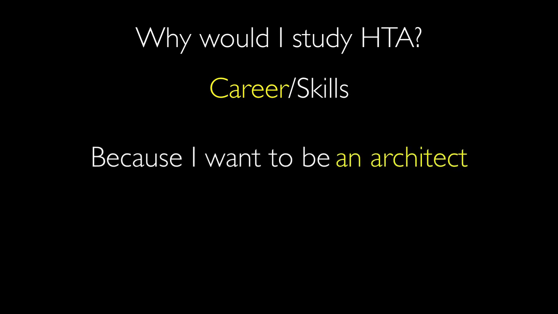A lot of students come to HTA because they want to be architects. Now, to become an accredited architect, you ultimately need a master's degree in architecture, an M.Arch as it's called. Before you do that master's, you need an undergraduate degree, a bachelor's degree. That undergraduate degree can of course be a Bachelor of Architecture, but it can also be a Bachelor of Arts, a BA in a discipline like HTA.